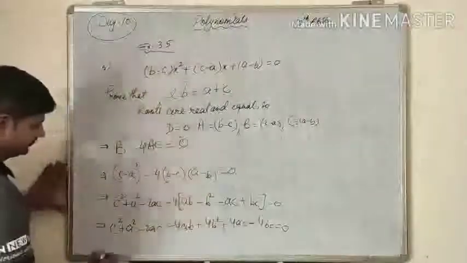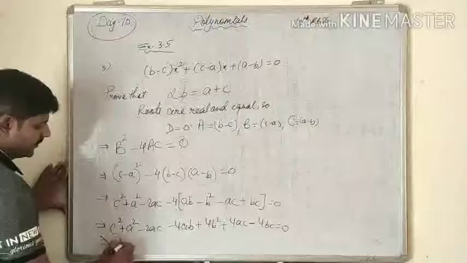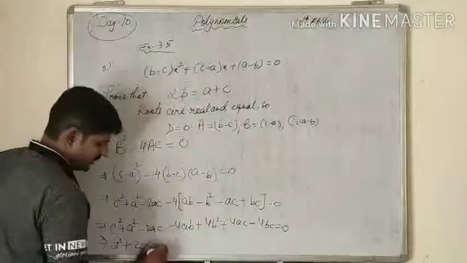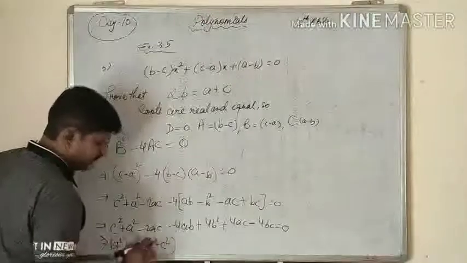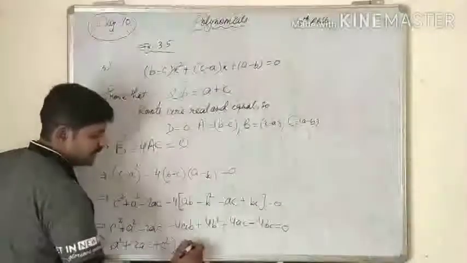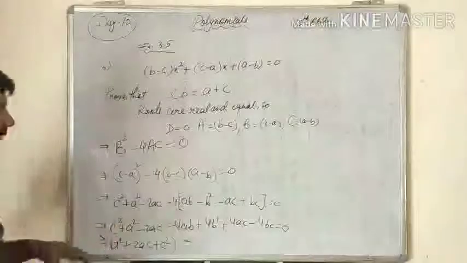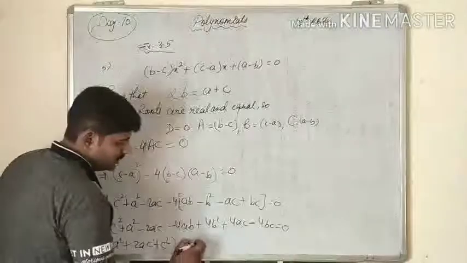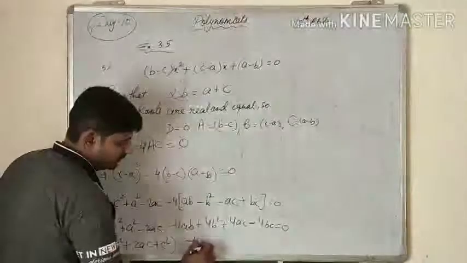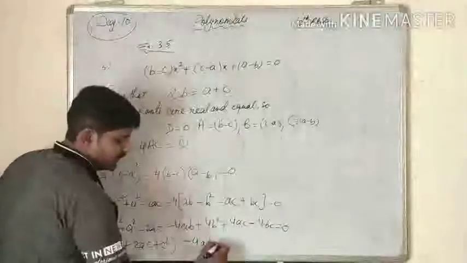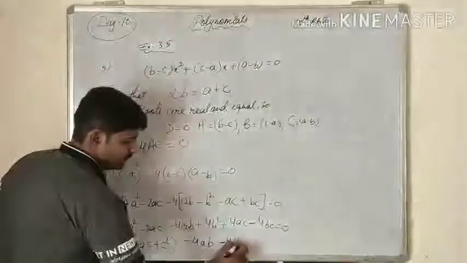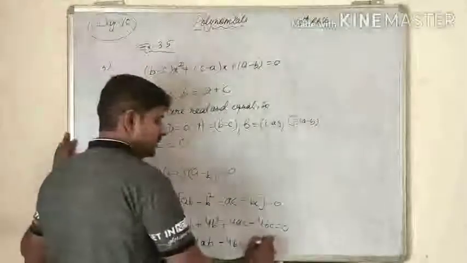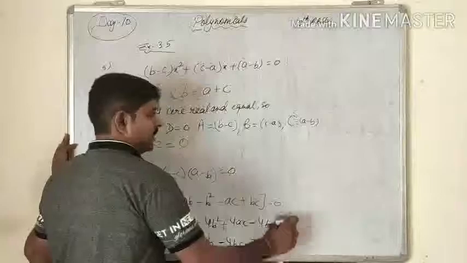Now we can solve these only. So there will be a square plus, their difference is 2ac, and this is c square. It will be separate. Here I will take 2ab form. So in this there is this 4ab and negative 4bc is written, let it be written here, and this is 4b square. Let's solve now.